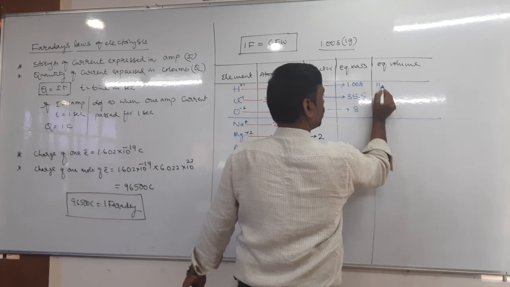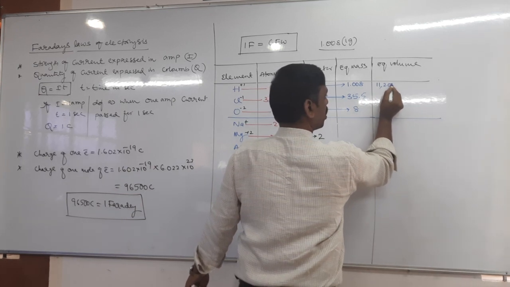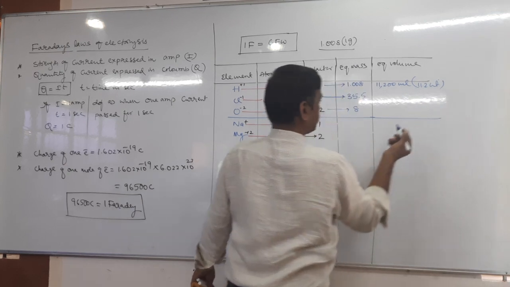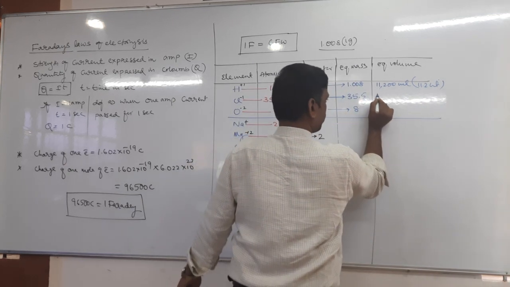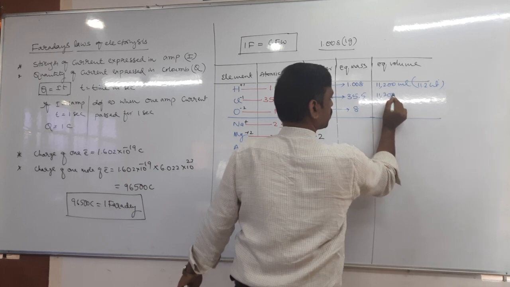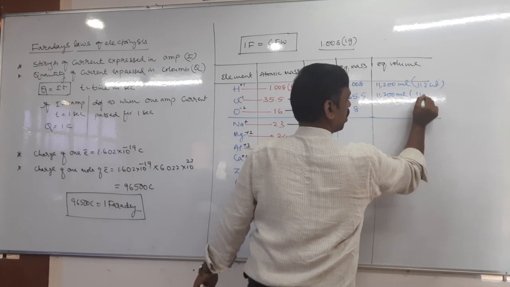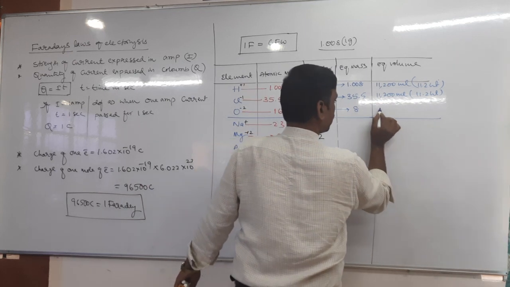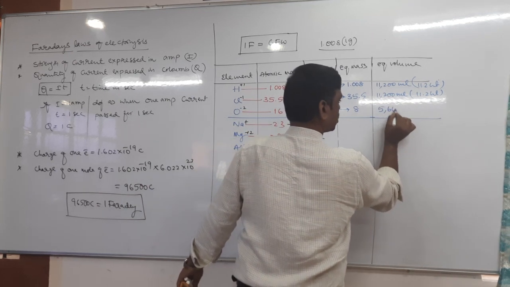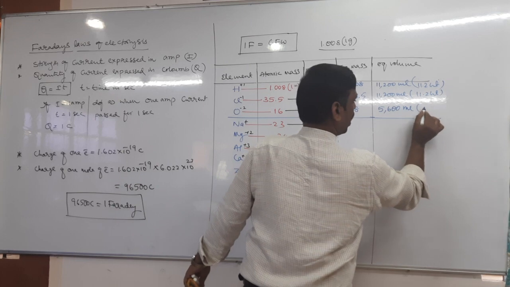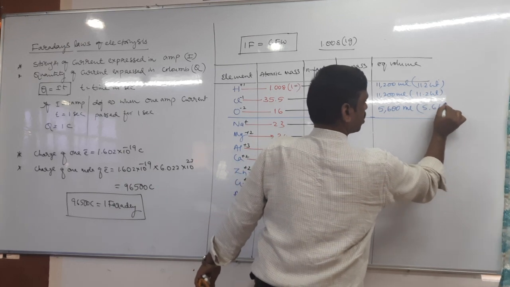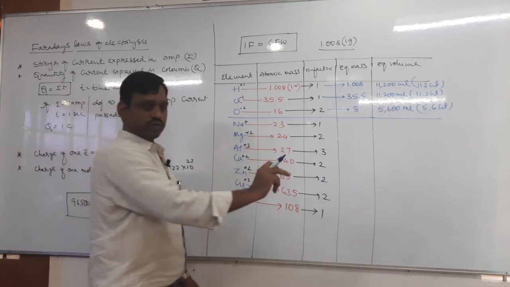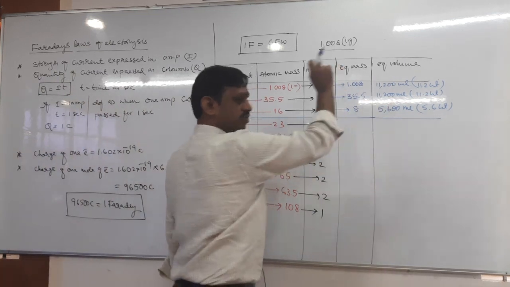It is 11,200 ml or 11.2 liters. Chlorine is also the same, 11,200 milliliters or 11.2 liters. Next, oxygen is 5,600 ml equivalent volume, or 5.6 liters. Right? The volumes corresponding to these weights.